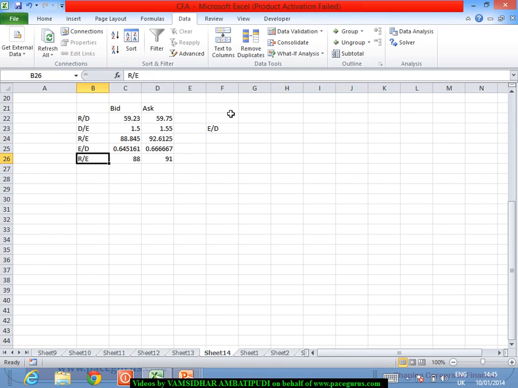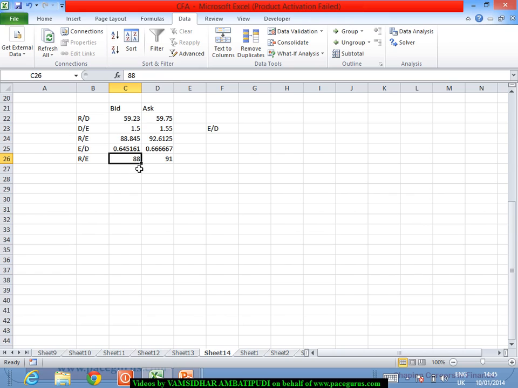I have computed the bid at 88.84. So as an investor, from a dealer's perspective, he is ready to buy euro at 88 rupees.